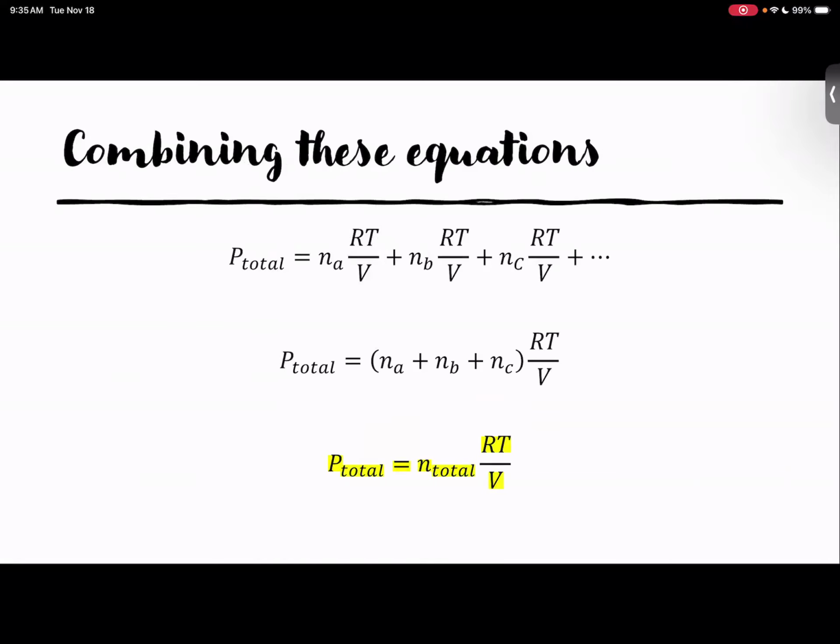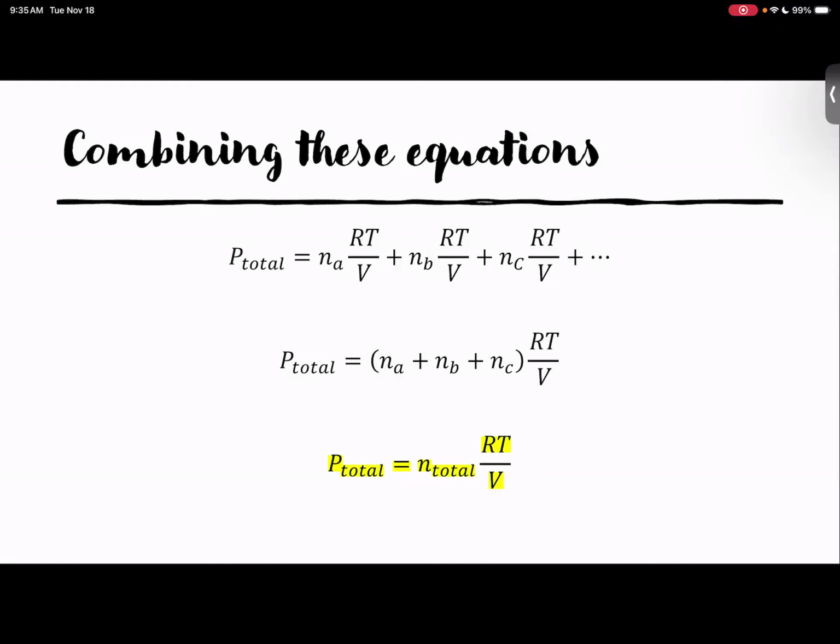Now, substituting in to Dalton's law of partial pressure. Again, P total was equal to PA plus PB plus PC plus whatever else continues.